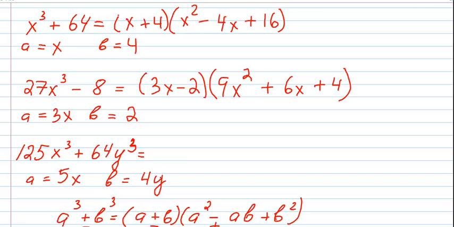When we cube this expression, 4 cubed is 64 and y cubed is y cubed. So we identified our a and b. The signs should be plus, plus and minus.